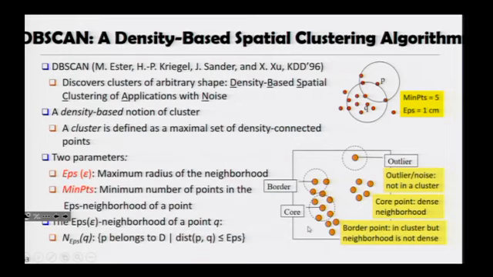To answer this question, you use this epsilon and the minimum points given by the user, and you calculate the density in this circle or neighborhood. If this neighborhood is dense enough, this could be a very good starting point for your algorithm, because you're quite sure that this data point is embedded in the dense space.